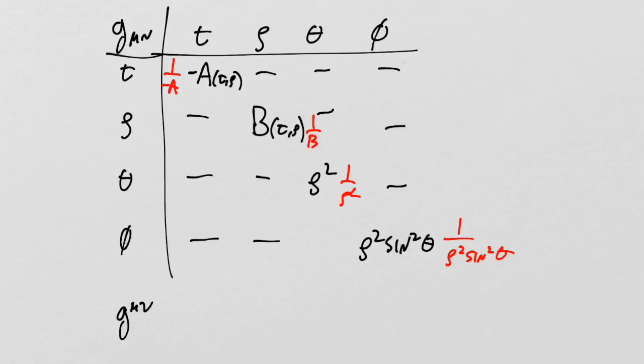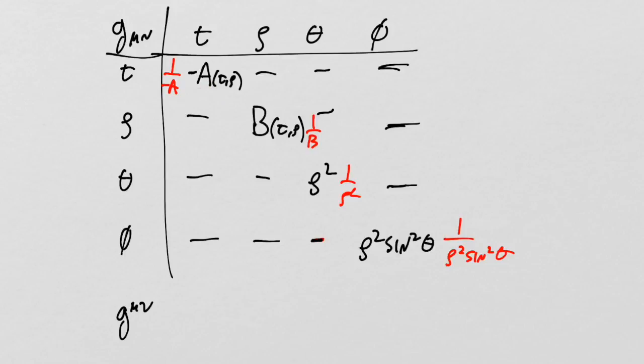This line here is not meant to be a negative sign. I wrote lines instead of zeros, but these are missing spots. There is no g t phi, right? So I put a little line there. So these red ones are the contravariant components, and these are the covariant components.